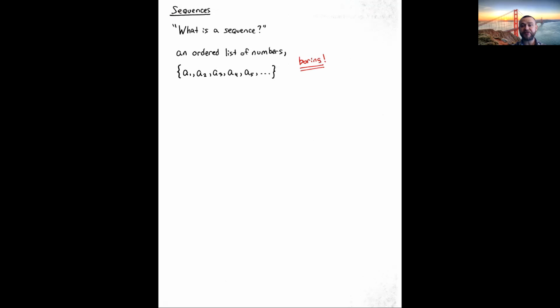A sequence by itself sounds really boring and completely unmotivating. But this will be the key to understanding infinite series and some of those peculiar results that we got to in the introduction: 1 plus 2 plus 3 plus 4 plus 5, why that might come out to equal negative 1/12.